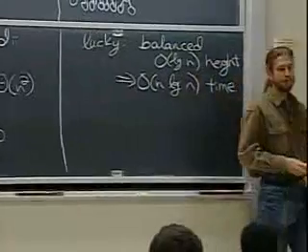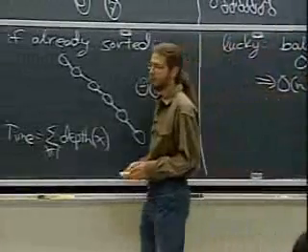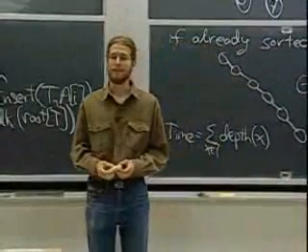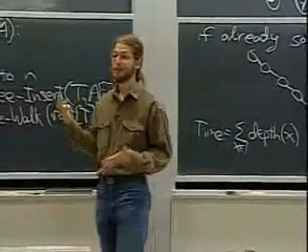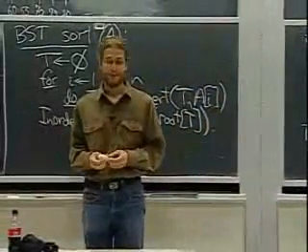So in the lucky case, we're n log n, but in the unlucky case, we're n squared. And unlucky is sorted. Remind you of any algorithm we've seen before? Yeah? Quicksort.